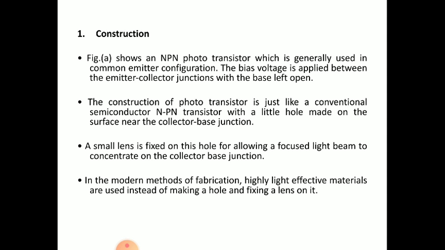It is in common emitter configuration, and the emitter junction and collector junction are forward biased and reverse biased respectively, so that the transistor functions in amplification mode and whatever current is generated will be amplified. It is similar to the photodiode application also.